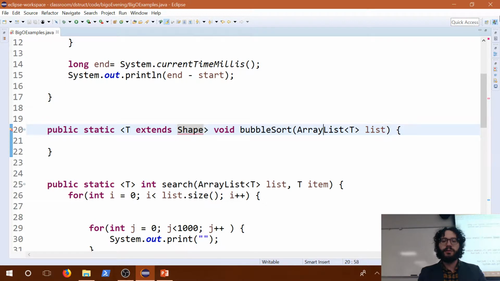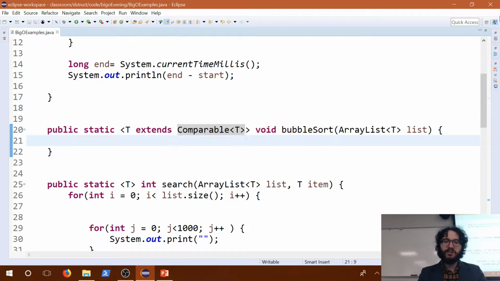This would basically say that our array list could only be made up of shapes. Don't care what particular shape it's made up of. It could be an array list of triangles, or an array list of circles. Don't care. So this is saying that this is an array list of comparable, and you won't really have to write this anytime soon on your own.